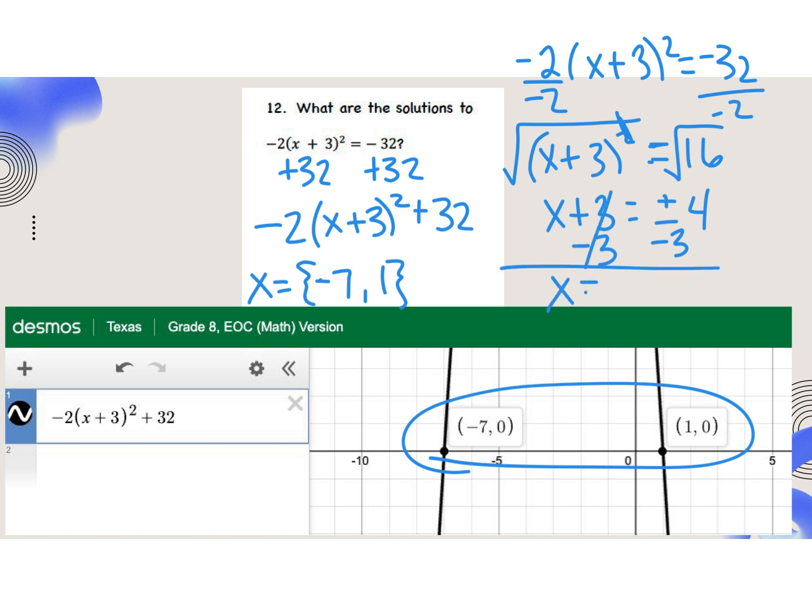So we have negative 3 plus 4, which is where we get the positive 1, or we have negative 3 minus 4, which is where we get that negative 7. So there's a couple of different ways you could solve these.